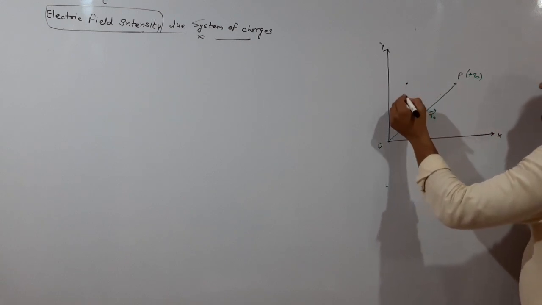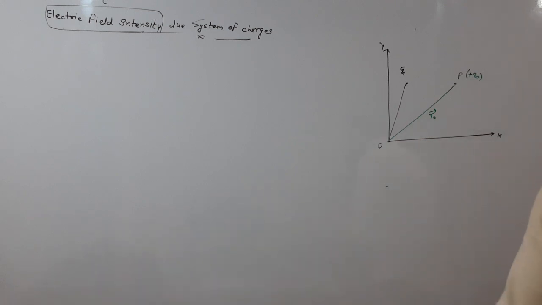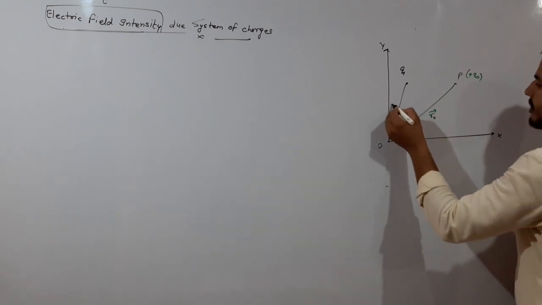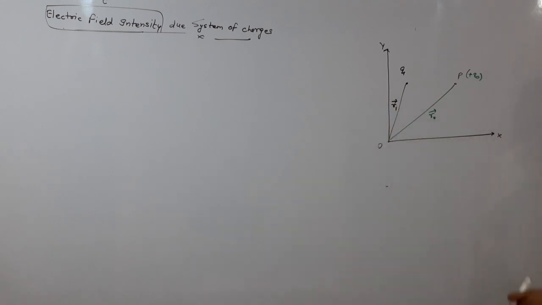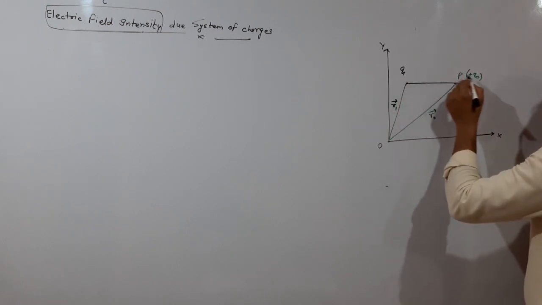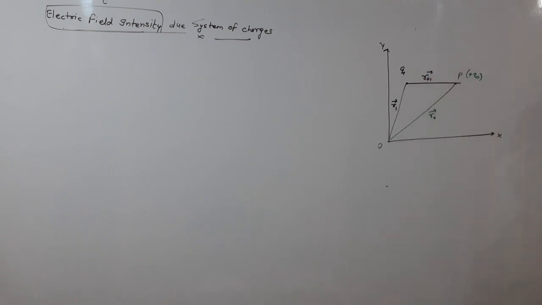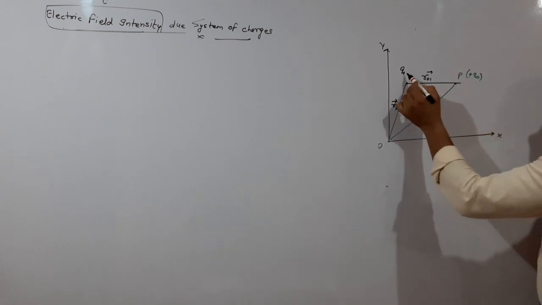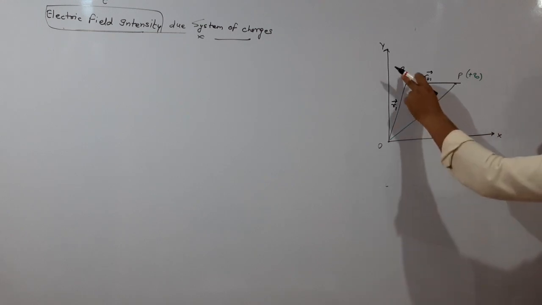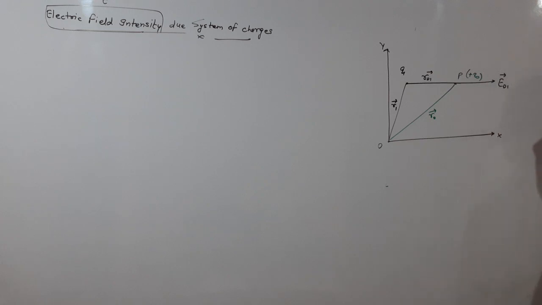Here we take a Q1 charge. Then the position vector of it is r1 vector. Then the displacement vector between Q1 and plus Q naught is r naught 1 vector. I defined this in the second part of electrostatics. So a single charge is Q1. Due to this, the electric field will be E naught 1 vector.